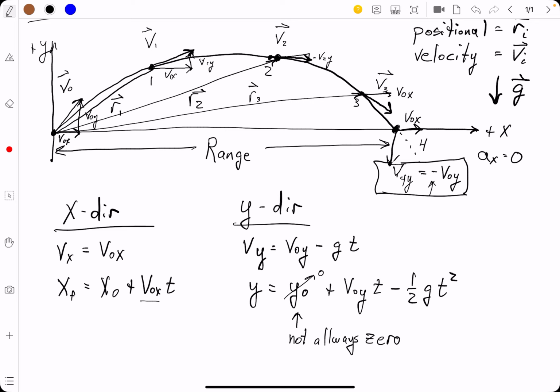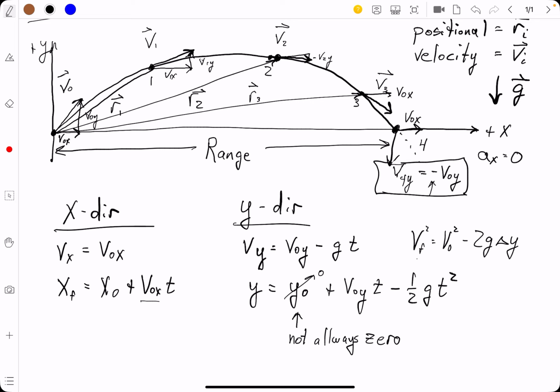The other equation that we have is our V final squared is equal to our V initial squared, minus our 2g delta y.